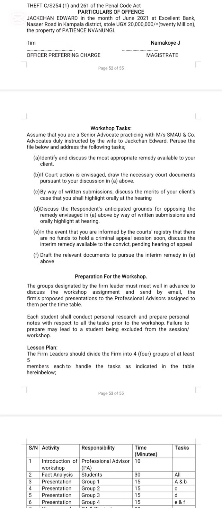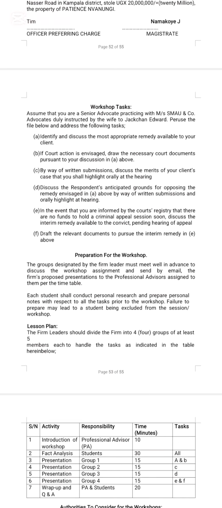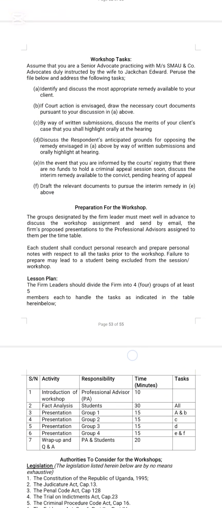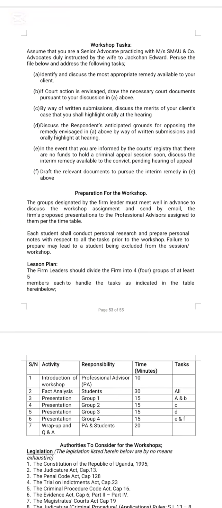So basically here we have the sentence and conviction, failure to properly evaluate the evidence of the trial court, among others. So by way of written submission, discuss the merits of your client's case that you shall highlight at the hearing. We shall expound on those grounds, discuss the respondent's specific grounds for opposing the remedy envisaged in A.